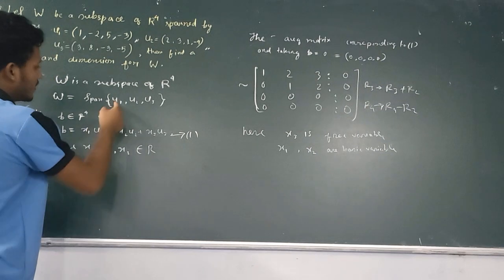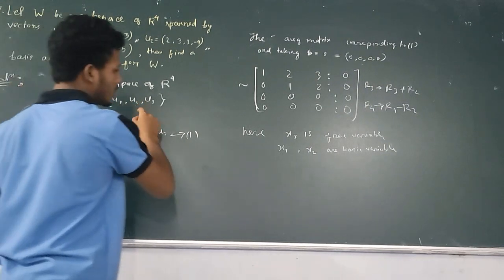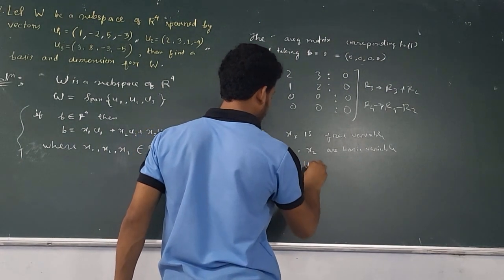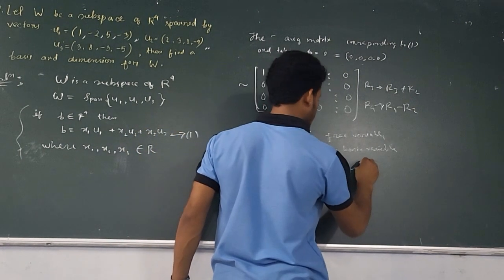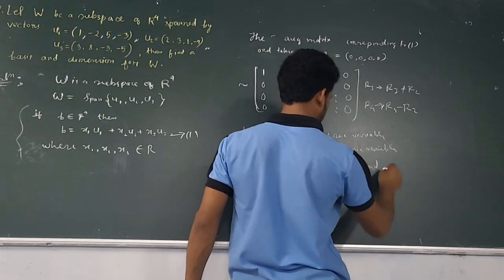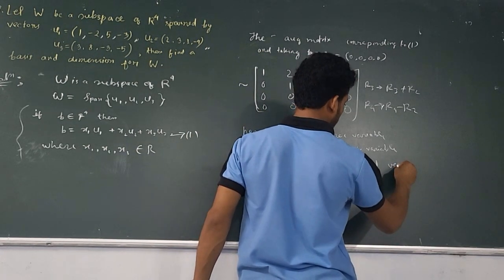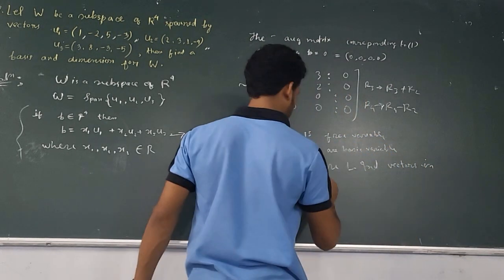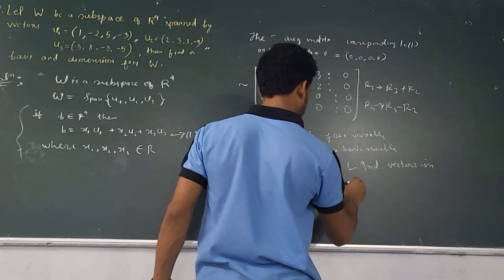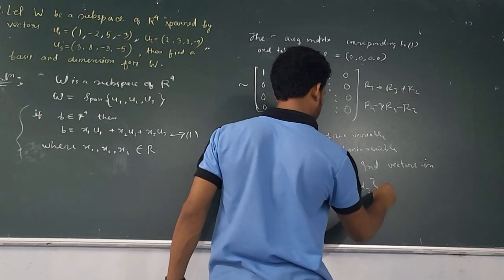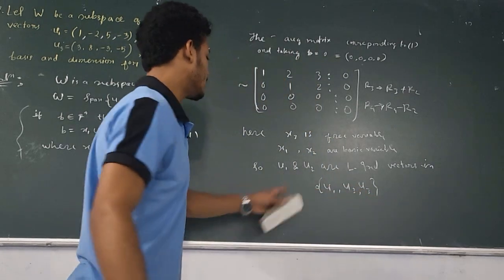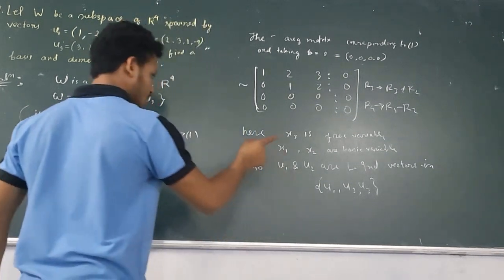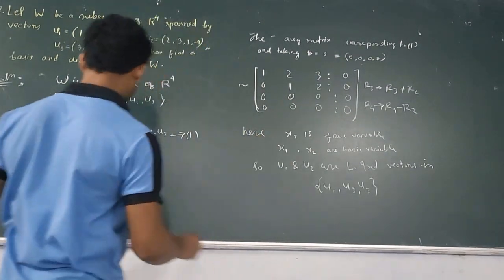So u1 and u2 are linearly independent vectors. In this set u1, u2, u3, only these two are linearly independent vectors. So linearly independent vectors will form the basis.